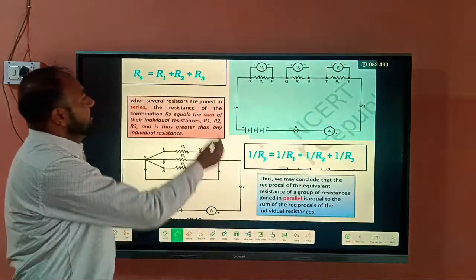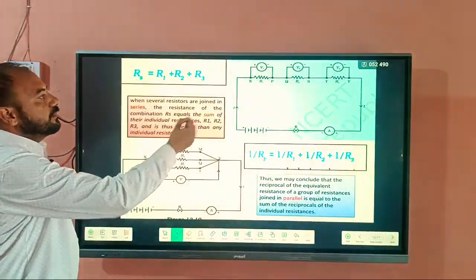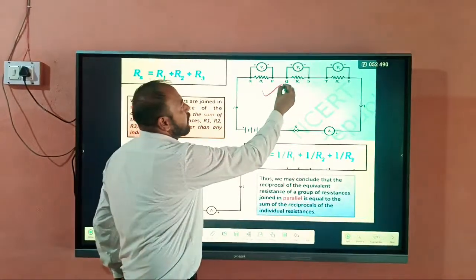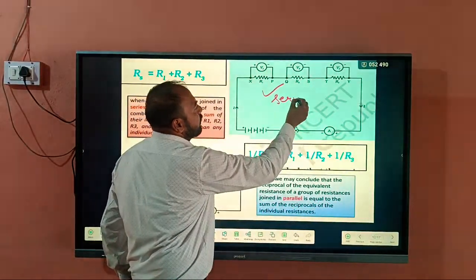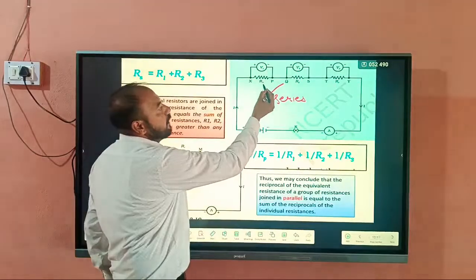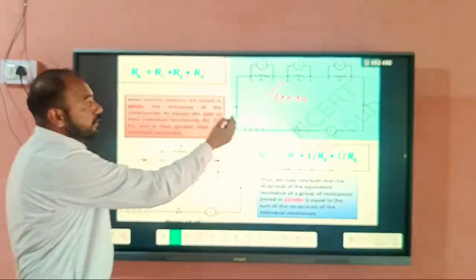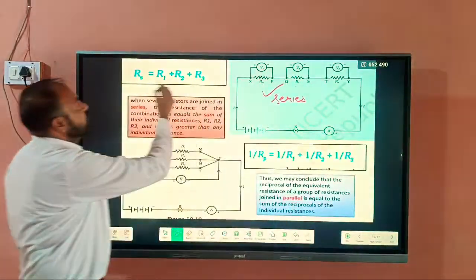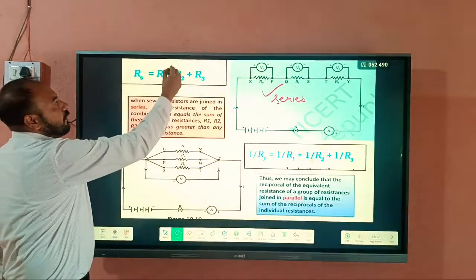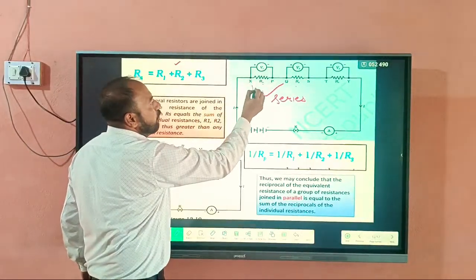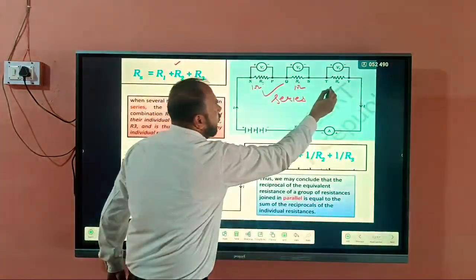Next slide: this is the combination of resistors in series and parallel. This is the series combination. Here three resistors are connected in series, R1, R2, R3, and these are voltmeters. What is the net formula of this resistance? R1 plus R2 plus R3. For example, this value is 1 ohm, this also 1 ohm, and this also 1 ohm.